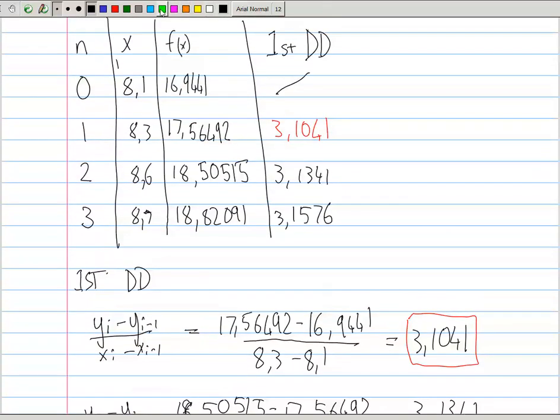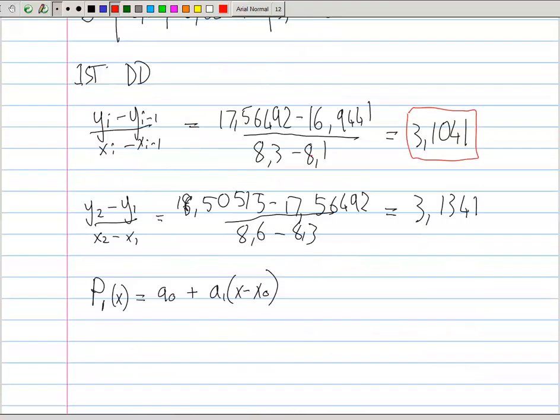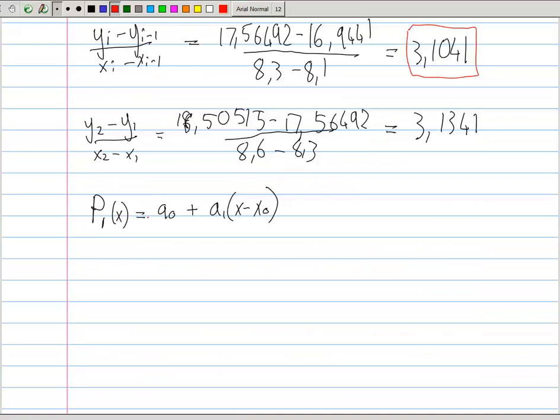Our a0 is going to be this over here, and our a1 is going to be this over here. So I will put a1, I'm going to put red under it, a0, I'm going to put green under it.